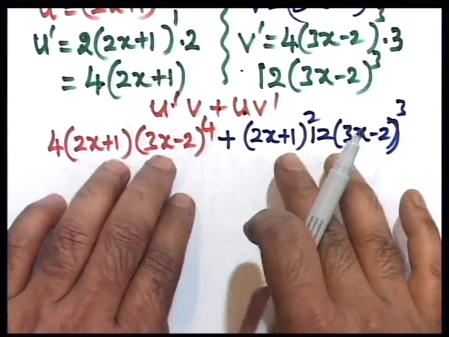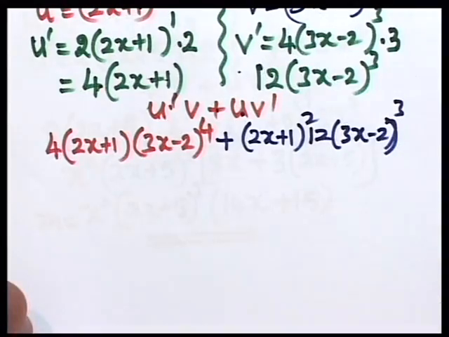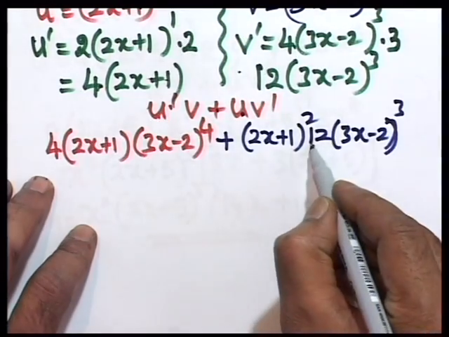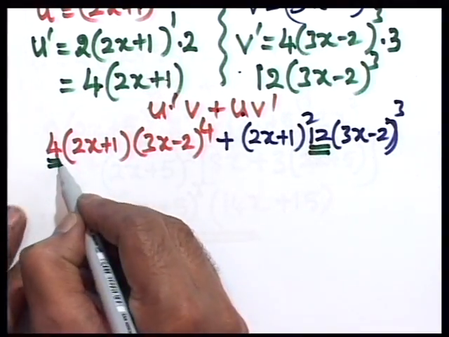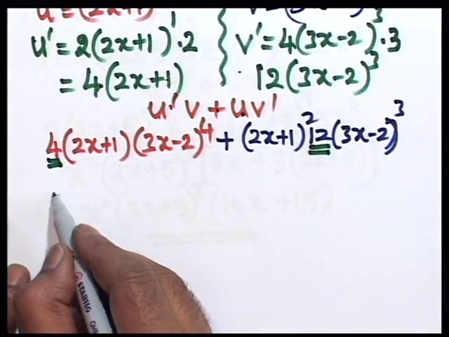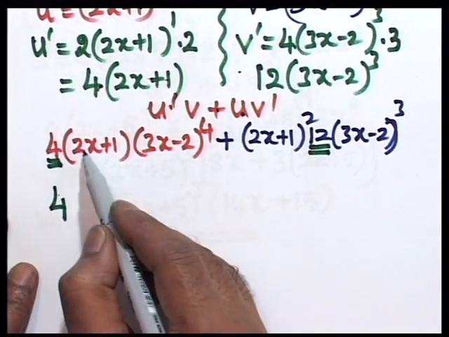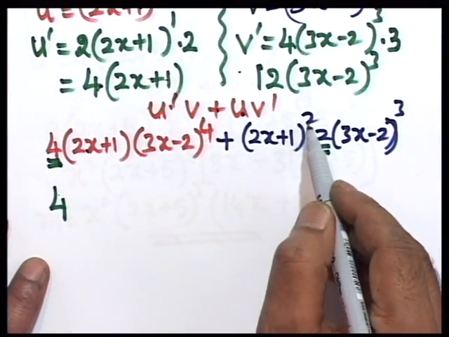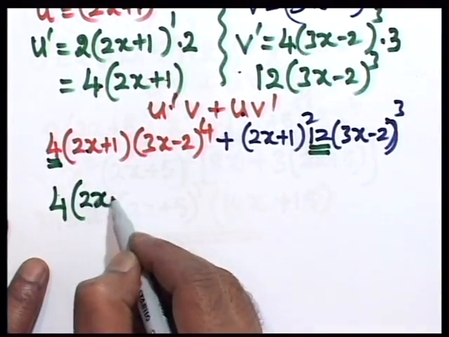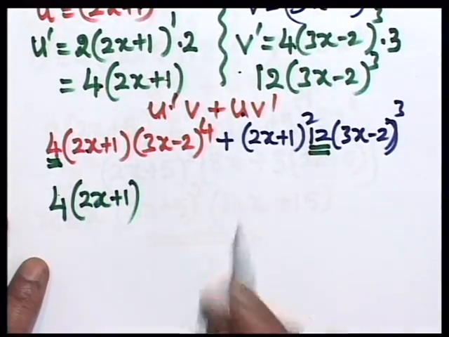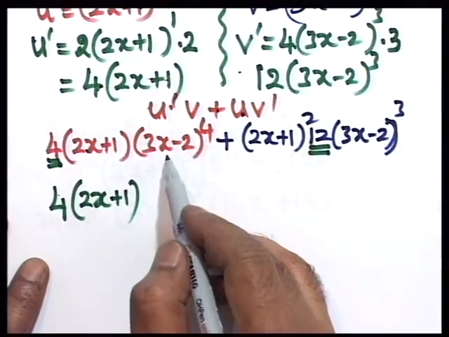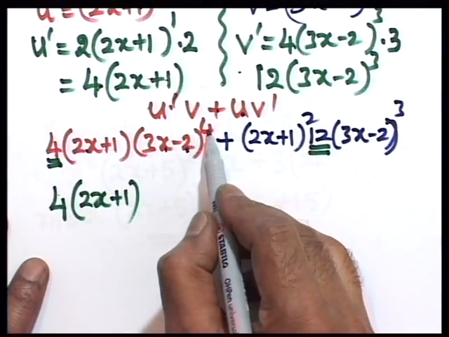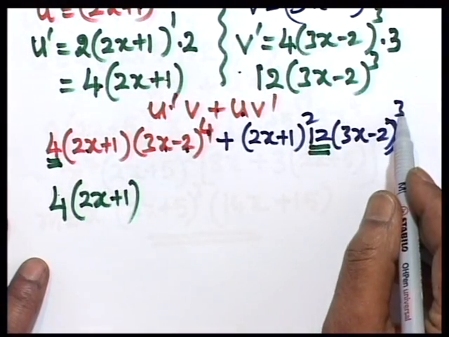Then don't leave it there. Take something common. Let's see what is common, right? 12 and a 4. So I can take a 4 common, the first one. 2x plus 1 and 2x plus 1 whole squared. So 2x plus 1 is common. From those two, 3x minus 2 to the 4, 3x minus 2 to the 3.